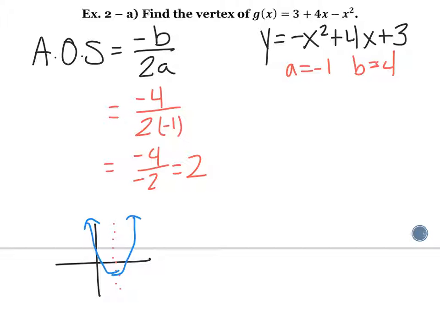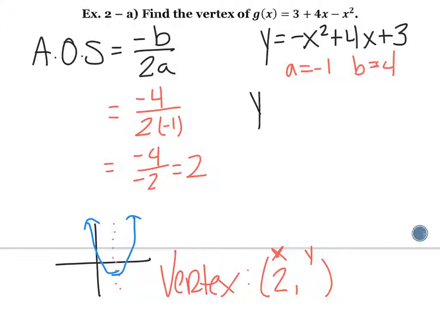The axis of symmetry is the first part of your vertex. So I need to figure out the second part. We figured out what x is, I want to know what y is. Well, to do that, you just plug 2 into your formula. So y is equal to, instead of x, it's 2.